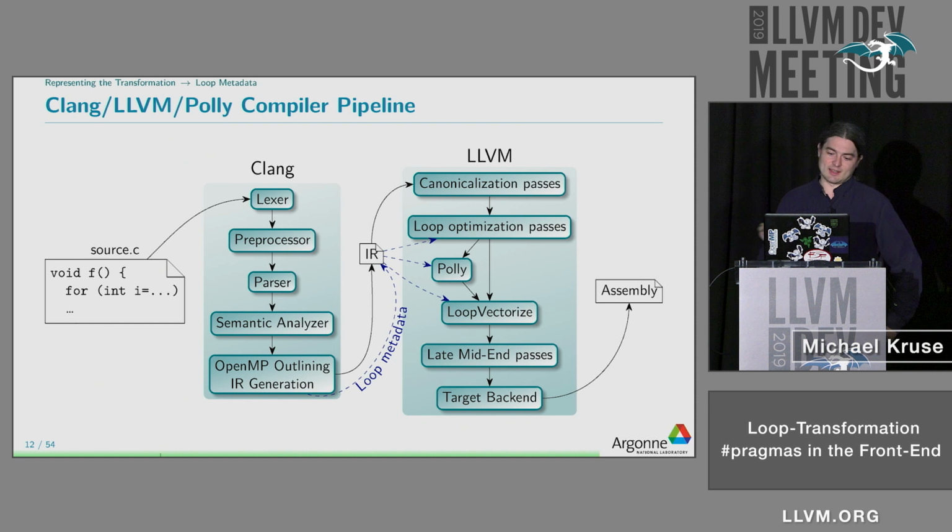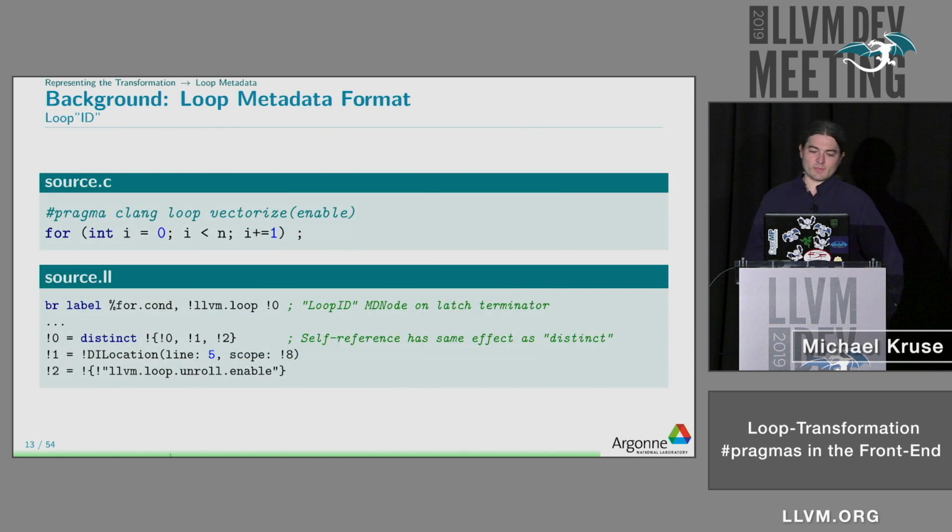So what's loop metadata? At the moment, if we have this pragma clang loop vectorize enable on some loop, it will generate some MD nodes inside the bitcode file, which are attached to the loop's latch terminator with information, such as debug information.